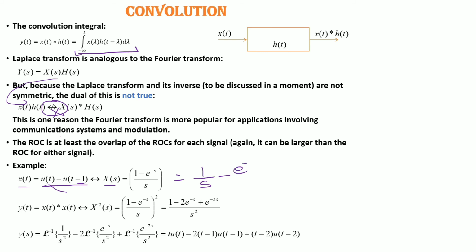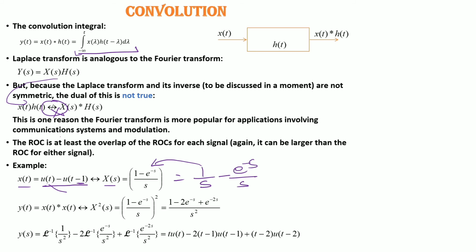Therefore we have e to the power minus s divided by s. If we take the LCM, we have the same output as mentioned over here. Similarly, for y of t equal to x of t convolved with x of t, that means x square of s.